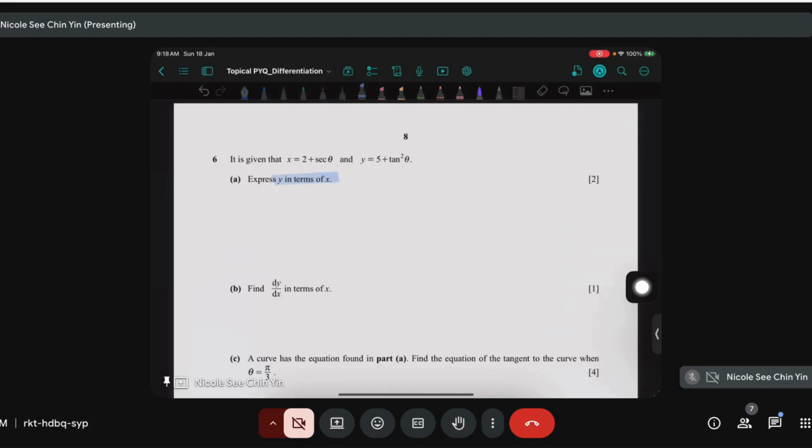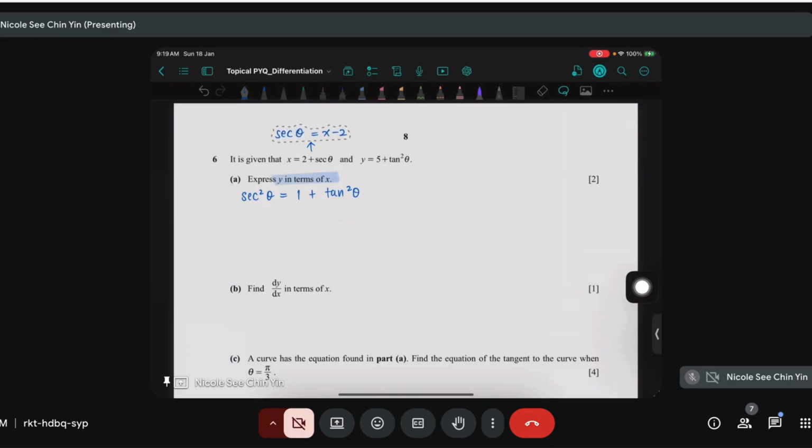I can spot one of the trigo identities here. Remember, secant square theta equals 1 plus tangent square theta. So to work this out, I want to make secant theta the subject, equals x minus 2.